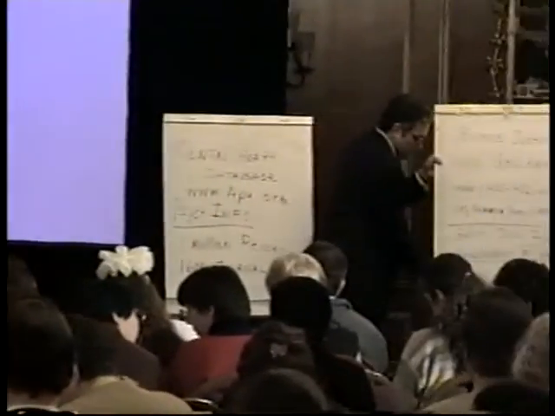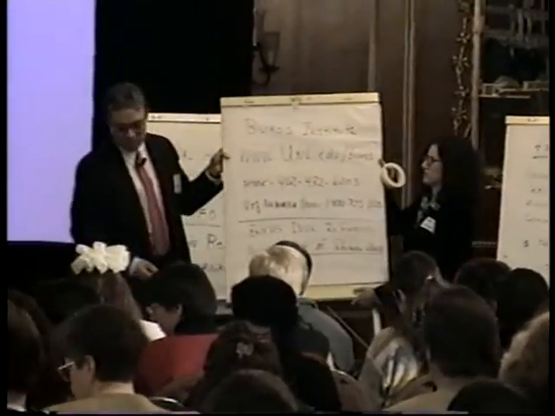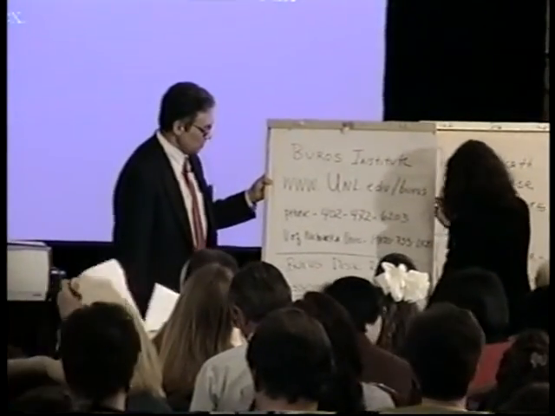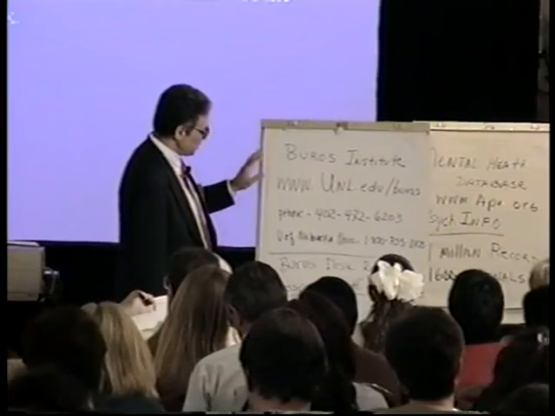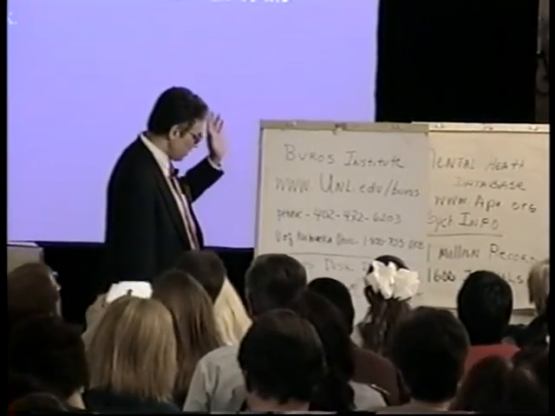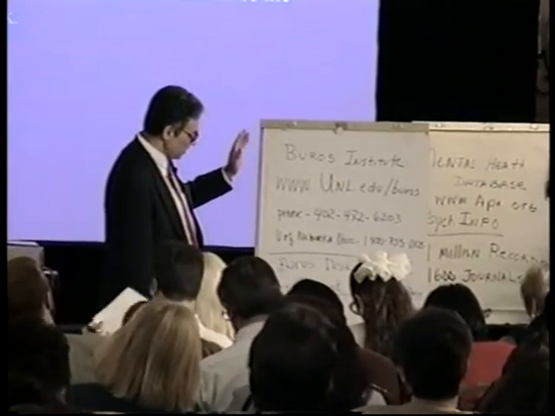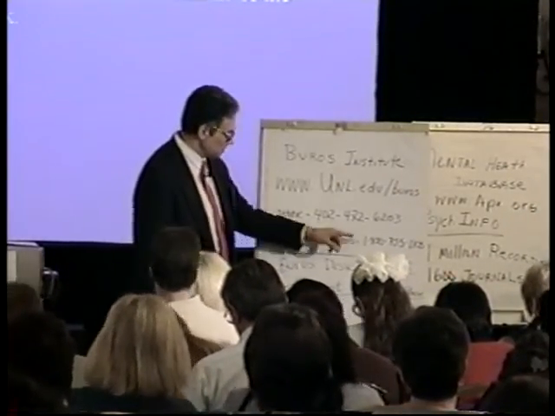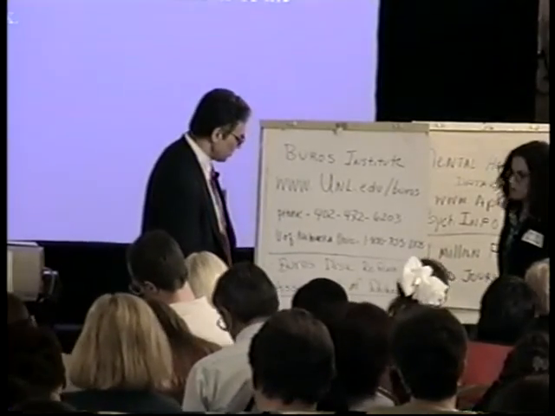The other little tome, I mentioned it's handy to have a few reference books in-house. The Buros Institute is really the mother lode of all the different instruments for just about everything. They're available from the University of Nebraska Press, 1-800-755-1105.